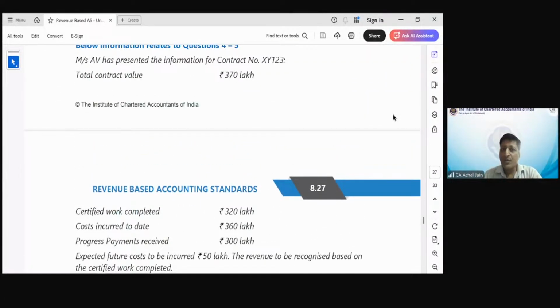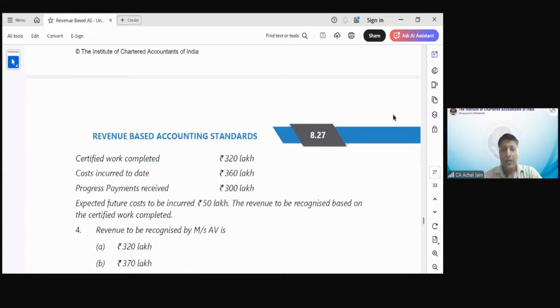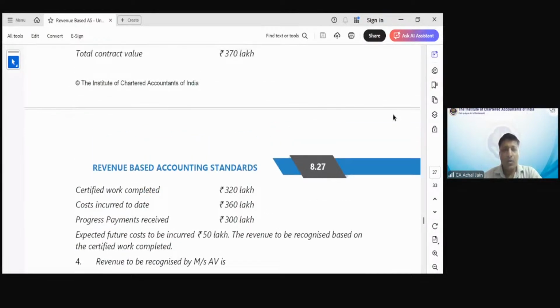Just a minute. Again, let's check. So the contract value is 370. Yes, sir. Okay, and what is the total cost? So it says certified work completed, cost incurred to date 360.